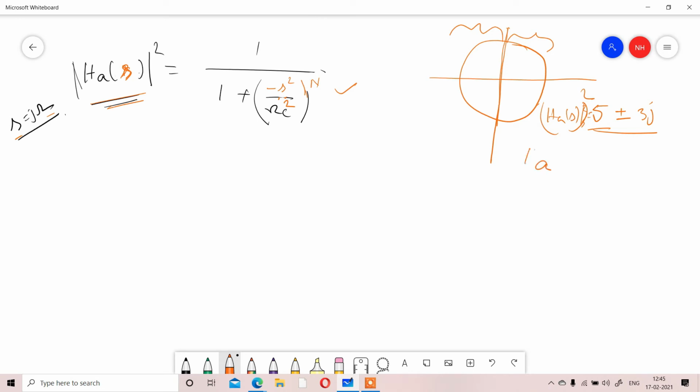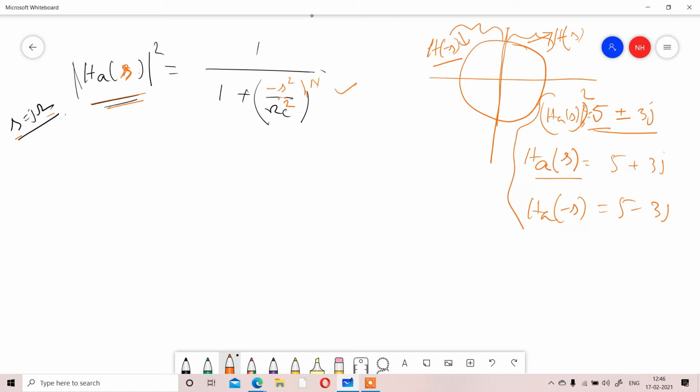One value will give you 5 plus 3j for H(s), and the other value will be for minus s, because if one side is defined by H(s), the other side will be defined by H(minus s), simply a change in phase.